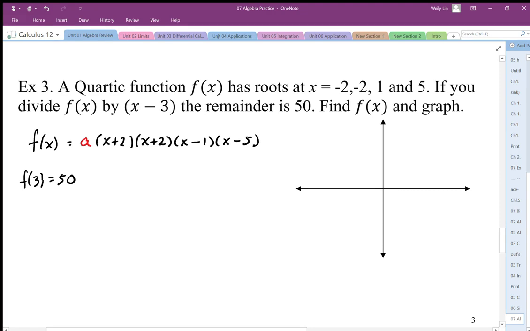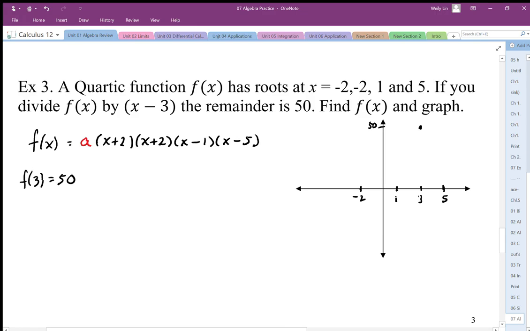So if I were to draw this in, I have a bounce at -2, I have a 0 at 1, 0 at 5, and then at x equals 3, I have a y coordinate of 50 up here. That should kind of be more in the middle, but I have a y coordinate at 50.